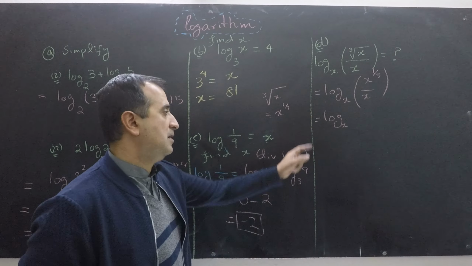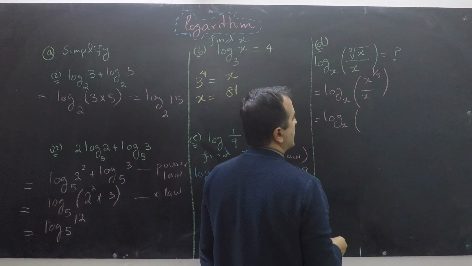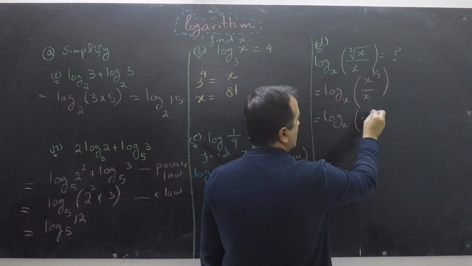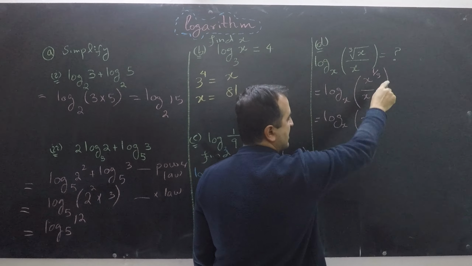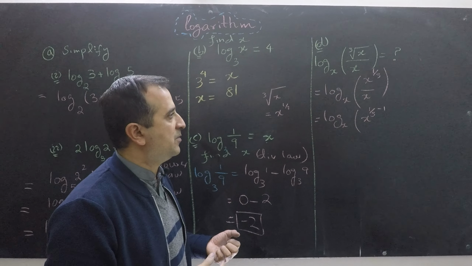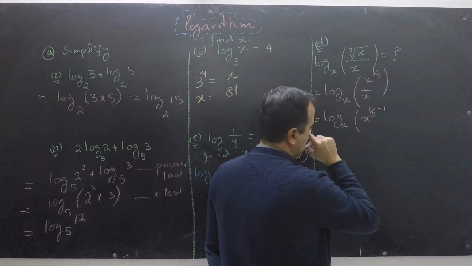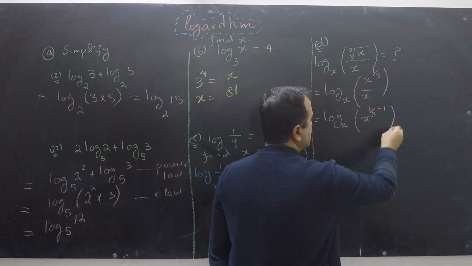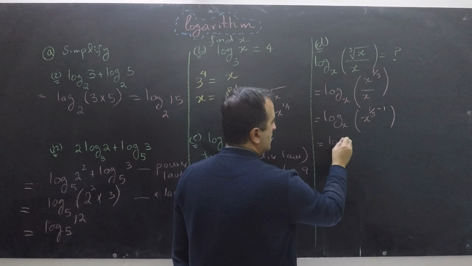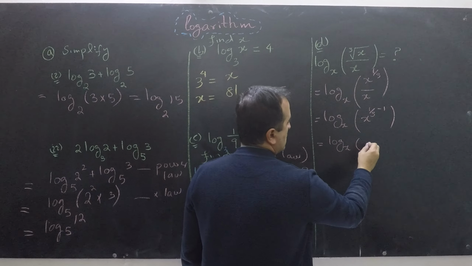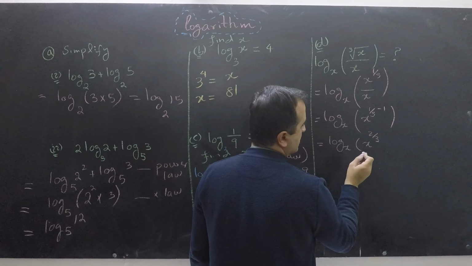I can use here a division rule, but I'm just not using it. I'm just trying to simplify it otherwise. So it will be like x to the 1 over 3 minus 1, because this goes up and it becomes minus 1, and then the bases are same, so we add the powers. And we get log x raised to power, I think minus 2 over 3.